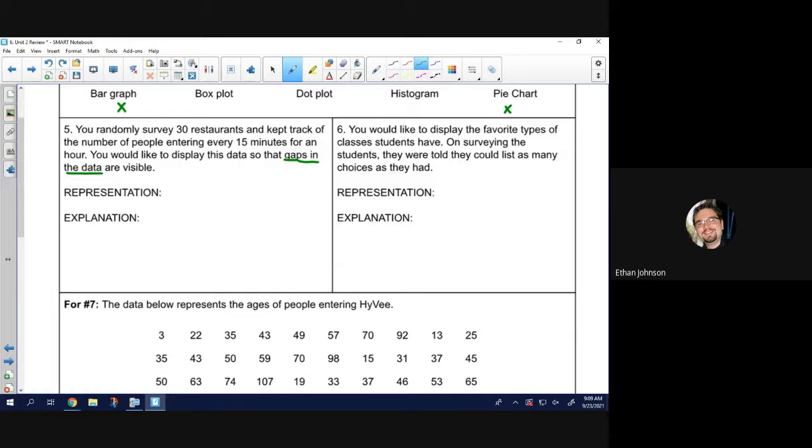So that would be our dot plot. Our explanation would be quantitative variable that shows gaps in data.